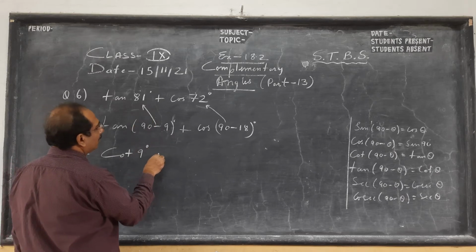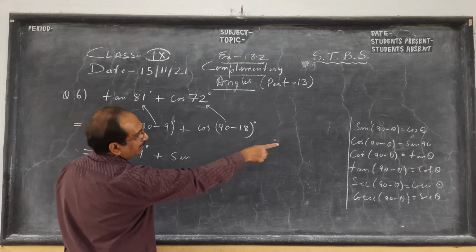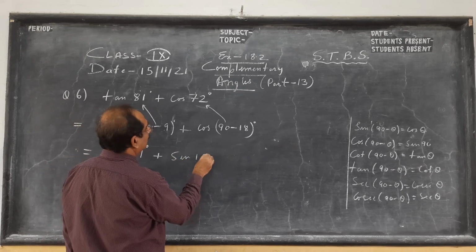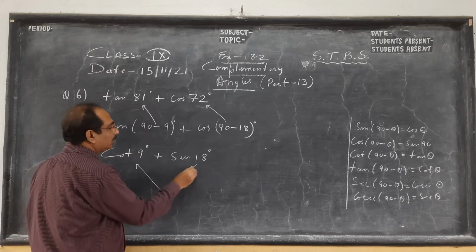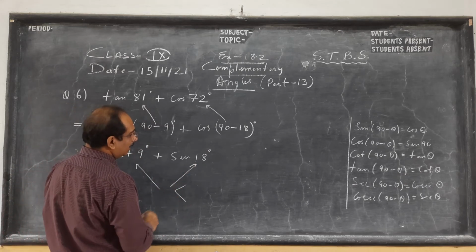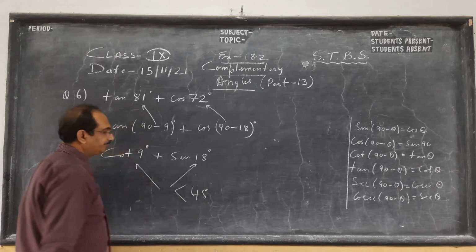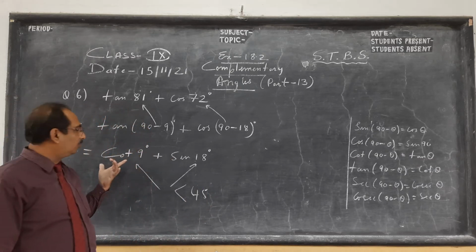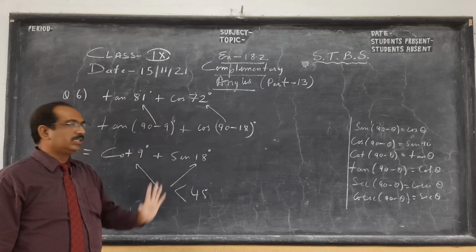Cos 90 minus theta is sine theta. So this is the answer, why these two both are less than 45 degree. That's all, don't solve, you won't get any value. Tan 81 is cot 9, cos 72 is sine 18.